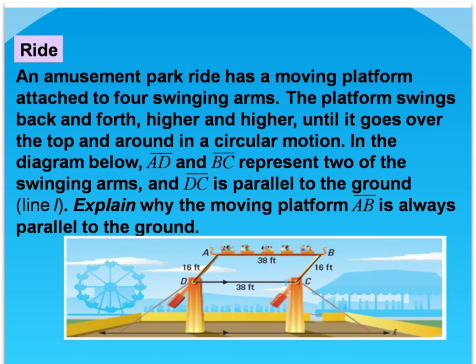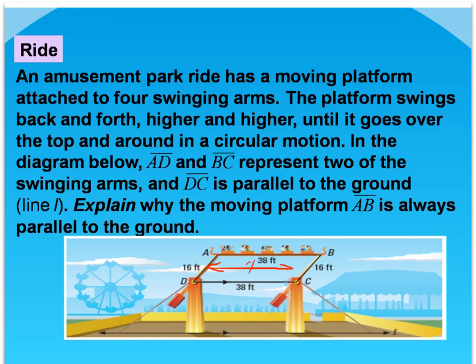What it really comes down to is, well, let's prove that AB is parallel to DC, because they already tell us that DC is parallel to the ground, given by these parallel markings. So really what we have to prove first is that this is a parallelogram. Well, what we notice is equal or congruent opposite sides.